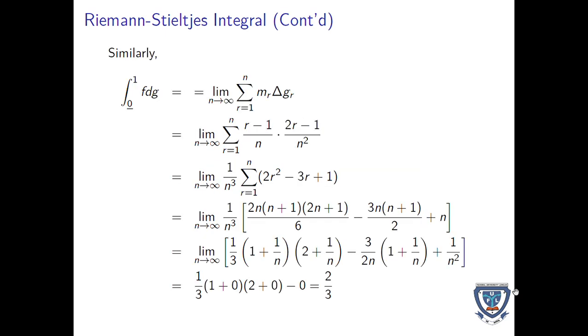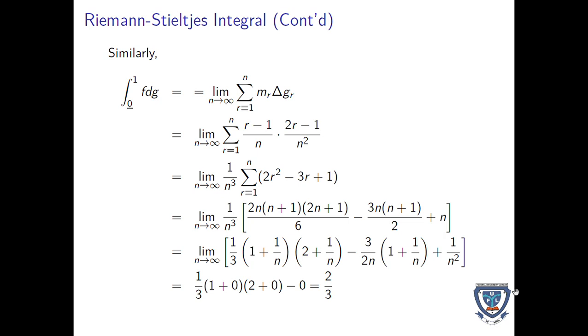Similarly, we look at the lower Riemann-Stieltjes, or the lower double sum. When you take the limit of the summation of small m_r times the difference of g_r, you have the limit as n goes to infinity of the summation of (r minus 1) over n times (2r minus 1) over n squared.